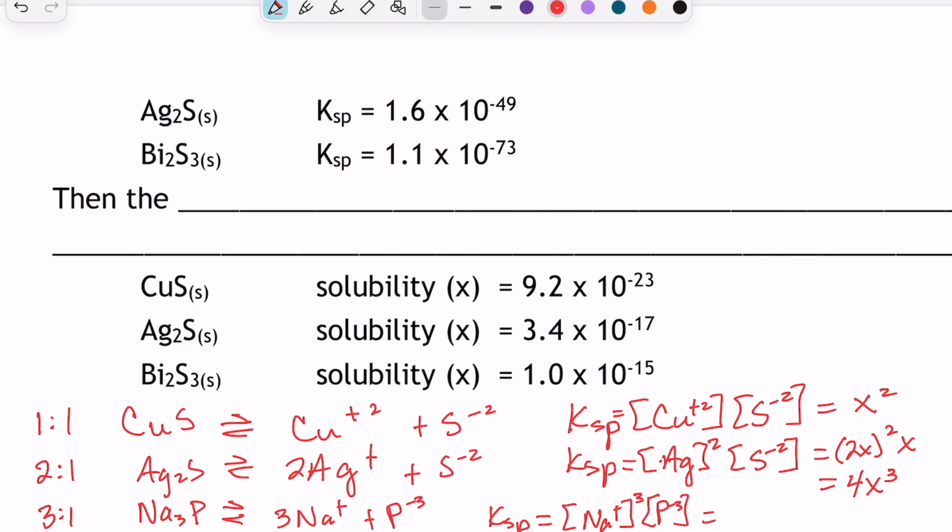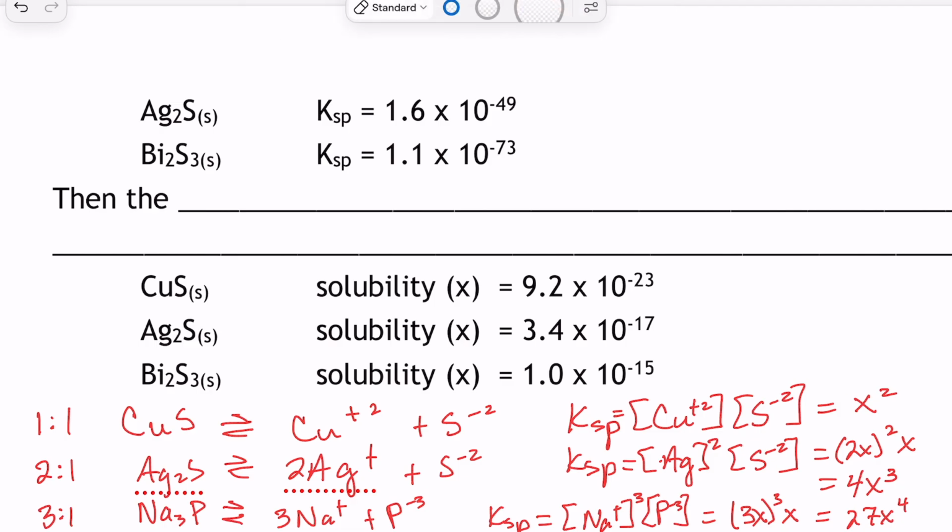So what we get for this one is 3x cubed times x, which gives us 27x to the 4th. So that's a 3-to-1.